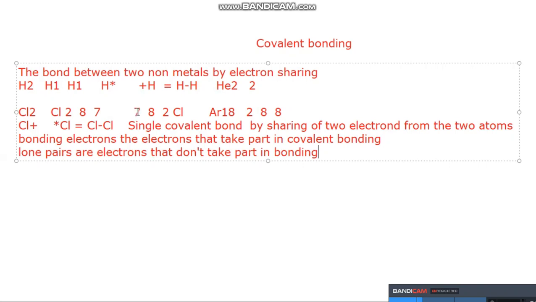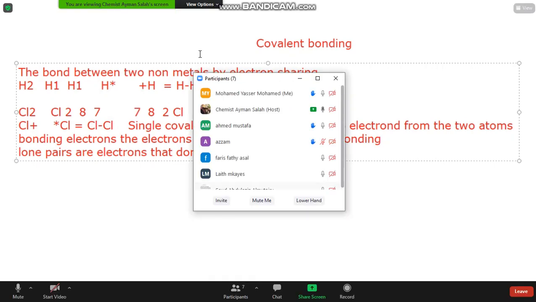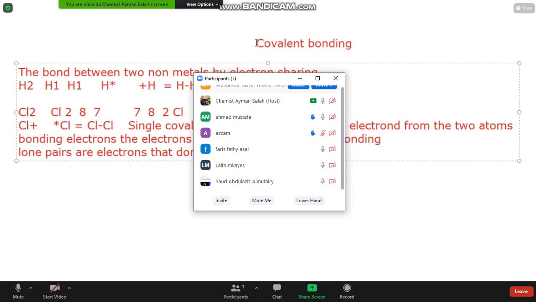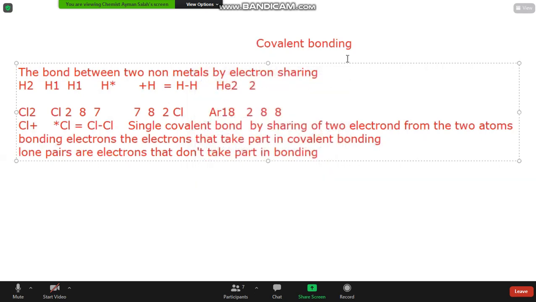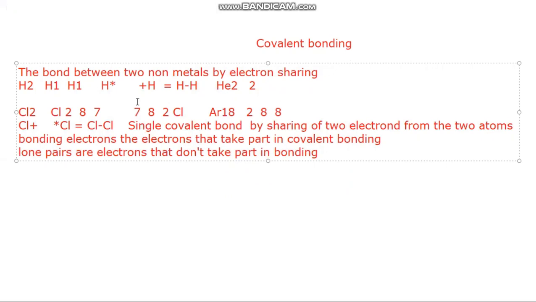We still have 6. Yes, Ahmed Mustafa? 3 pairs. Yes, we have 3 pairs. Excellent. So in this atom we have 3 pairs because we have 6 electrons that didn't take part in the reaction. So we have 3 pairs of electrons from each atom.